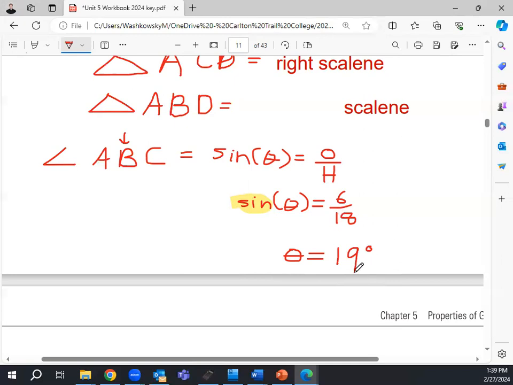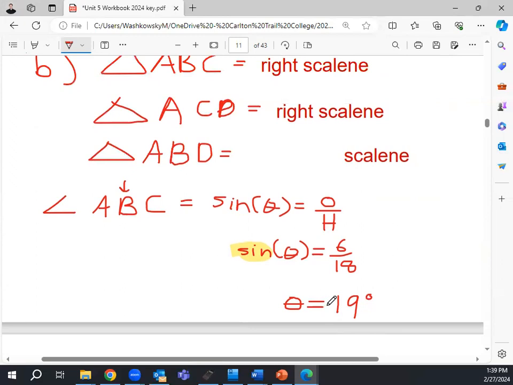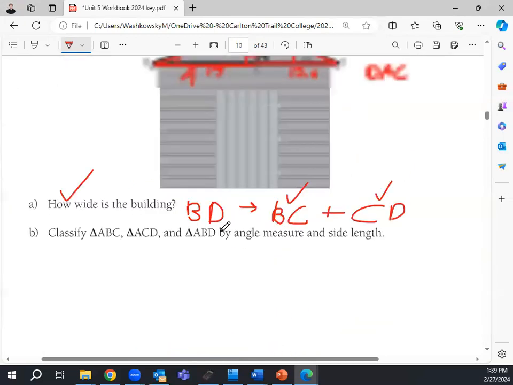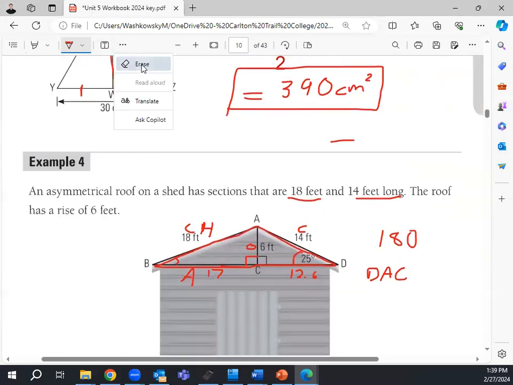Okay, so angle B is 19 degrees. I'm just going to leave that there for a second, just in case you're writing that down. I'll scroll up in a second. So angle B is 19 degrees.